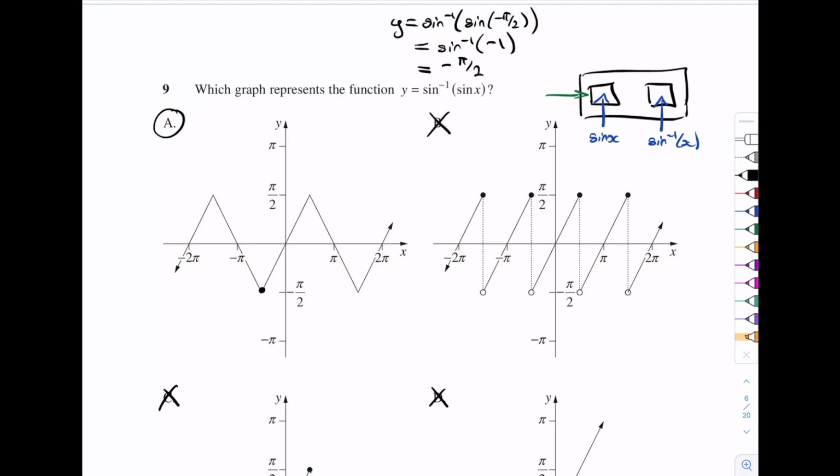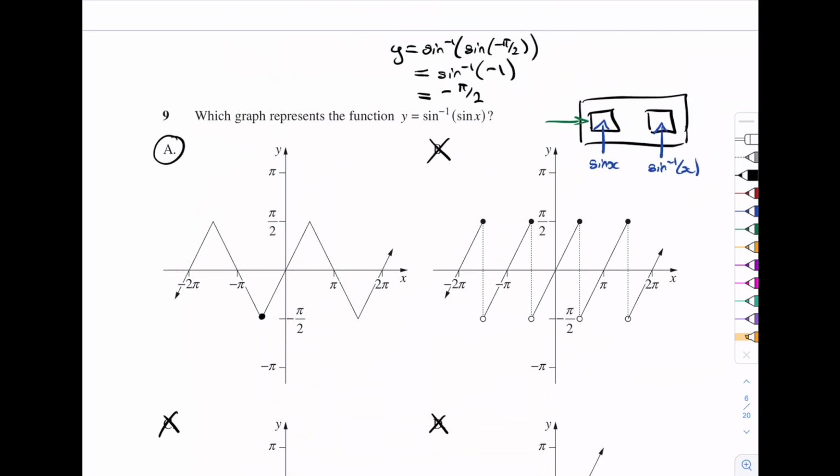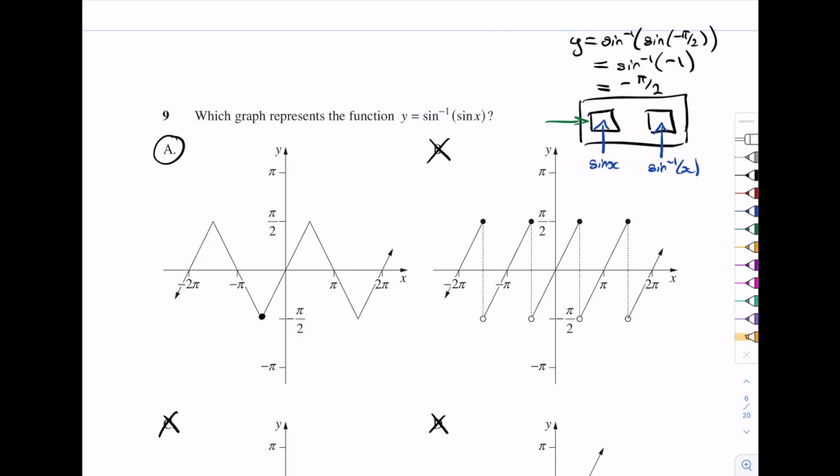Okay, if you wanted to do it using the gradients, and I might just show that method here, I'll move this over here. If you wanted to do it using gradients, which is not a bad way either, it might just be a little bit longer, we differentiate to get the gradient function. That's what the first derivative is. And here I've got sine inverse of some function.